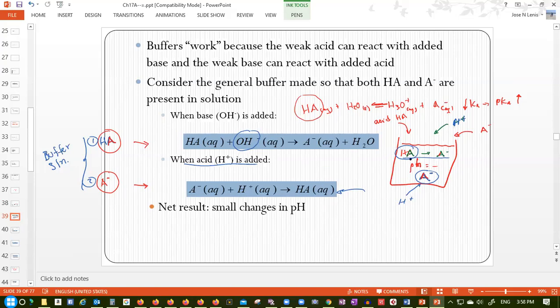Both of them will keep the solution in a good pH balance. As a result, no big changes in the pH. That's a buffer solution. You see how important those are, especially in biology applications?